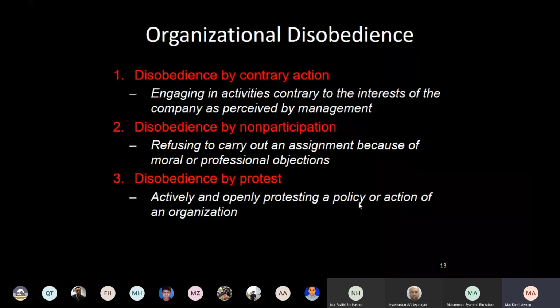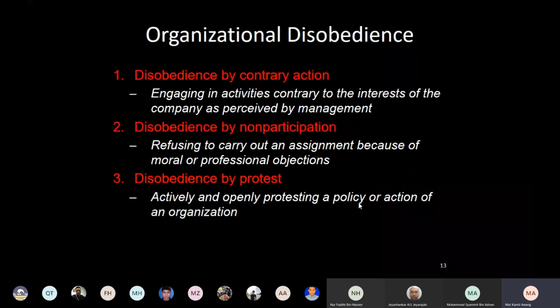Third, disobedience by protest. You protest against a certain policy or action of the organization. You actively and openly protest a policy or action of an organization.